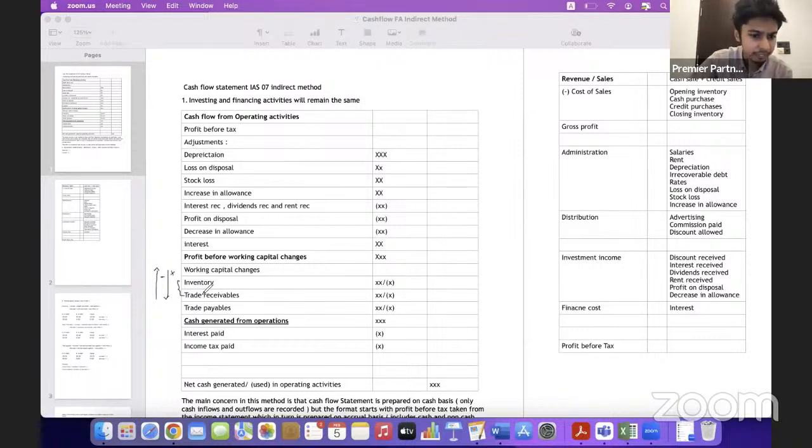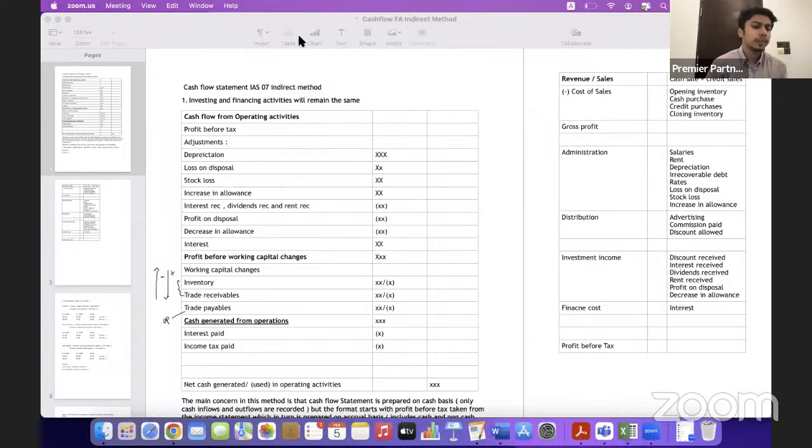Inventory and trade receivable, if they are increasing, that means money is going out. So minus. If it's reducing, that means money is coming in. So therefore, guys, it's plus. Trade payable, guys, will work in the opposite direction. Now, current assets work in one direction, no? So the current liability, or guys, the trade payable will work in another direction.